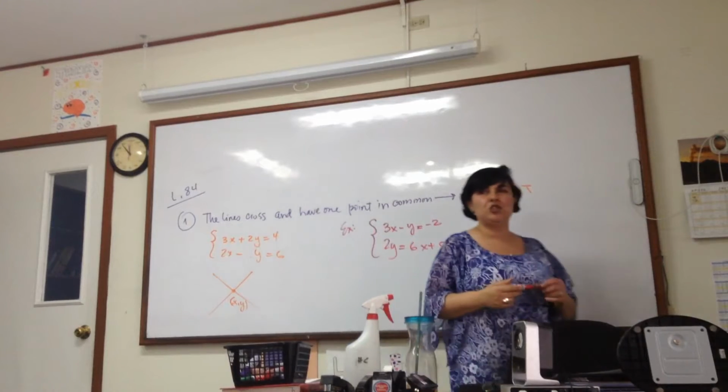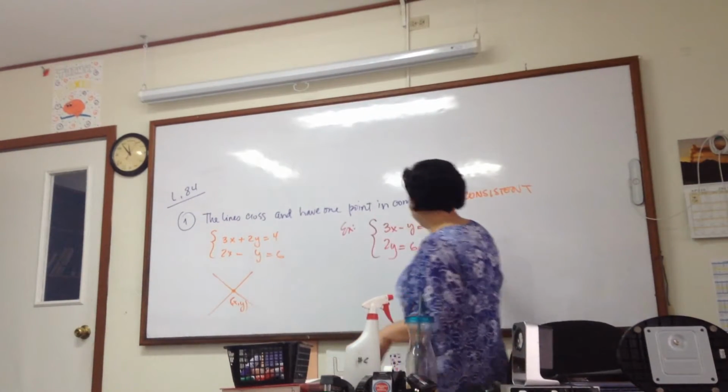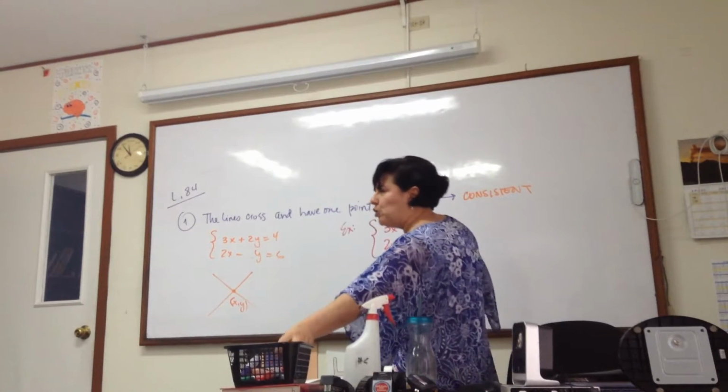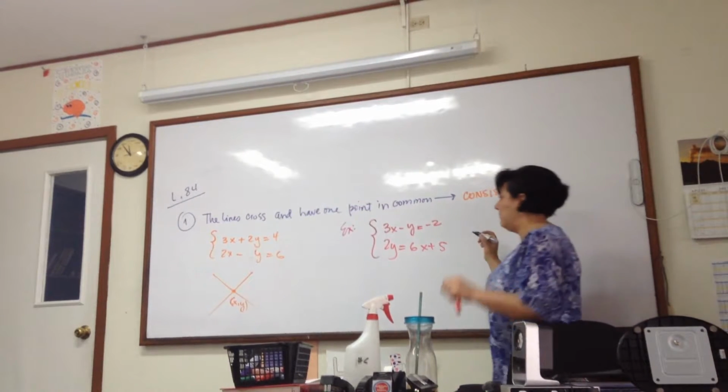What do I suggest you do? And they're going to ask you, is this system of equations consistent, inconsistent, or dependent? What would you do? Leave y alone. Leave y by itself. That's the easiest way to see, right?